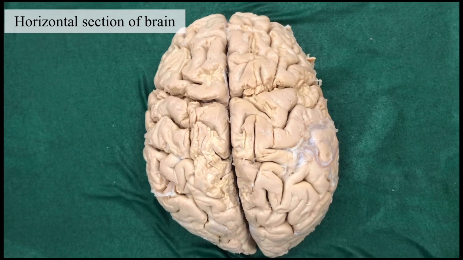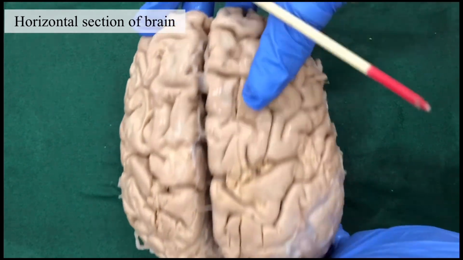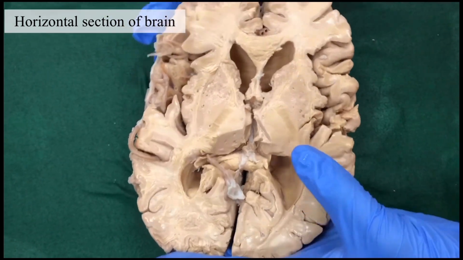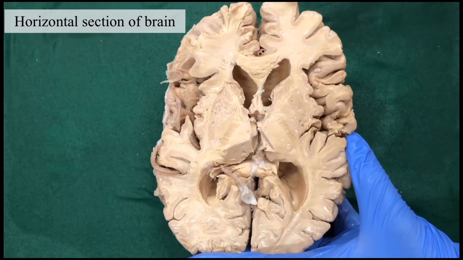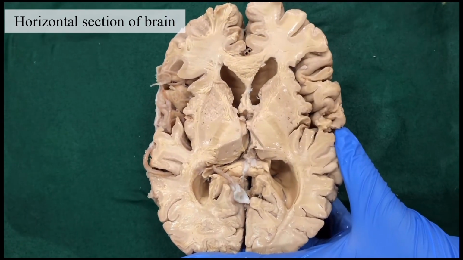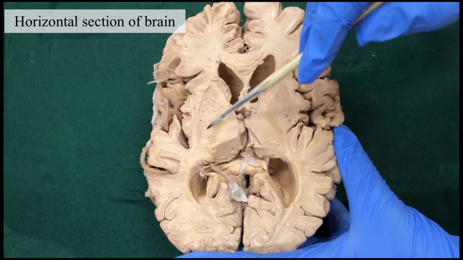If we take a horizontal section of the brain, we will have a picture like this. So, in this section, what do you see? This is the cavity of the lateral ventricle. This is the thalamus of both the sides.